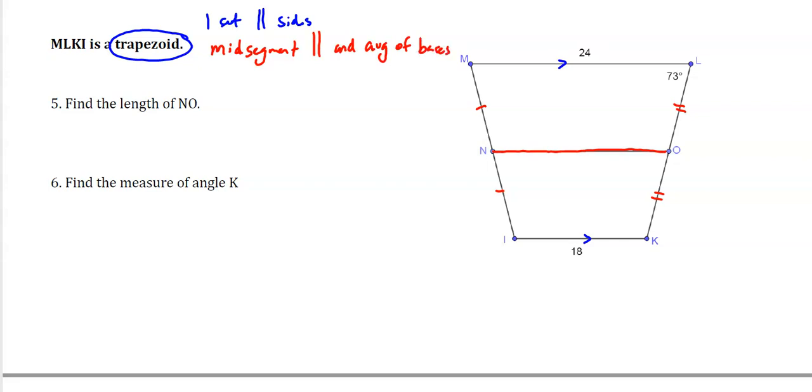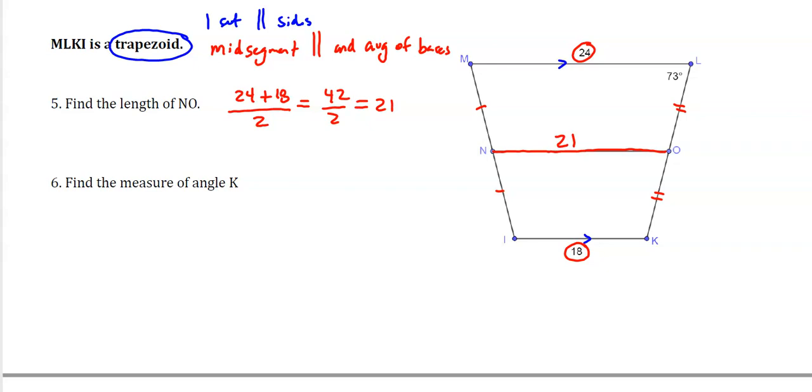So we have a top base, we have a bottom base. If we add them up, divide that by 2, so that's 42 divided by 2, we get an answer of 21.